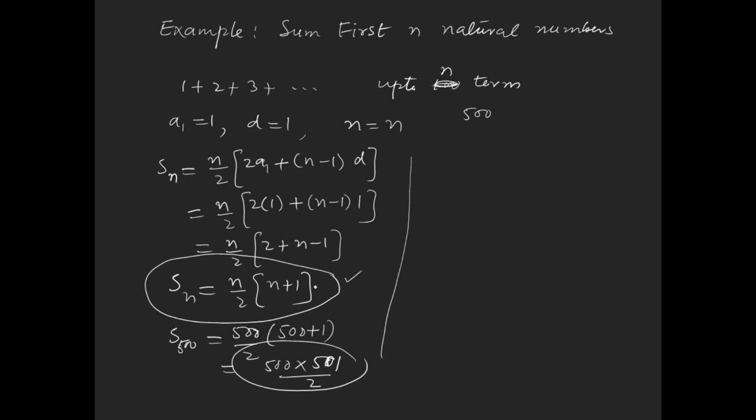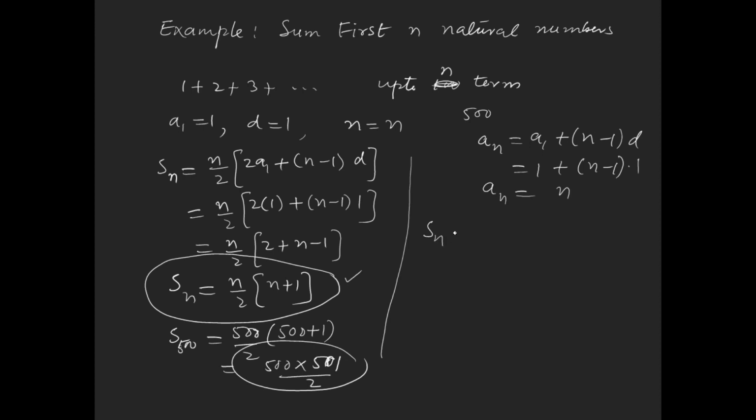This can also be calculated by this method. For example, what is the formula? An, the general term. An is equal to a1 plus n minus 1 into d. What is a1? 1. n is not known, and d is 1. So the answer is n.